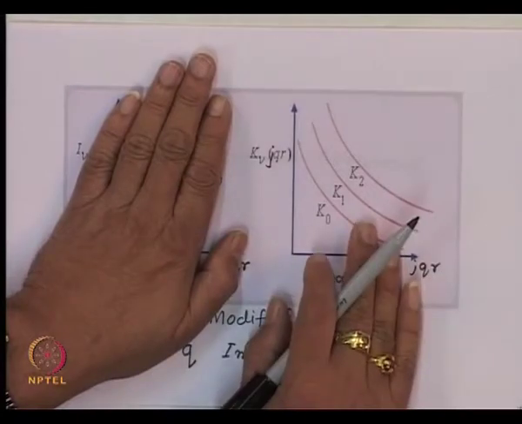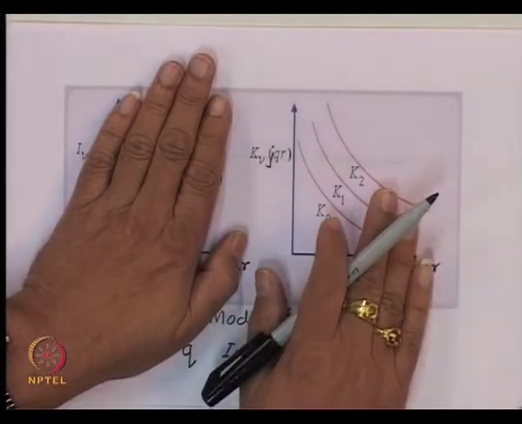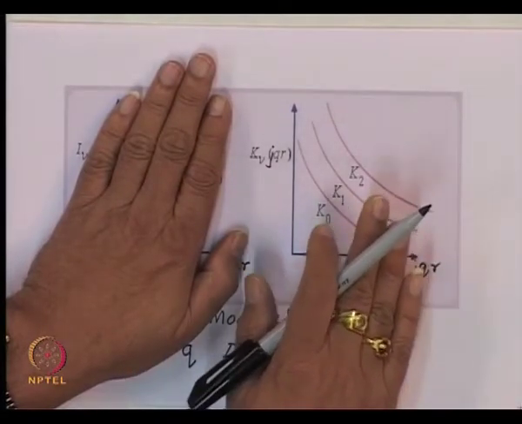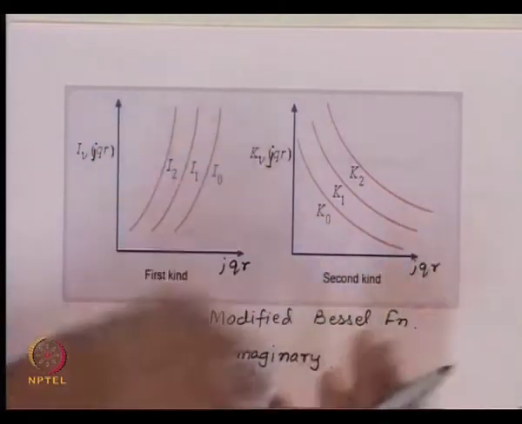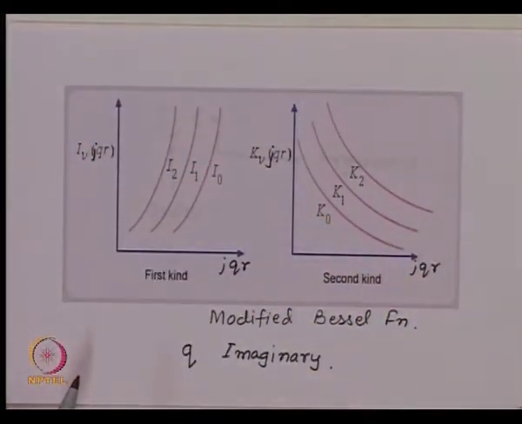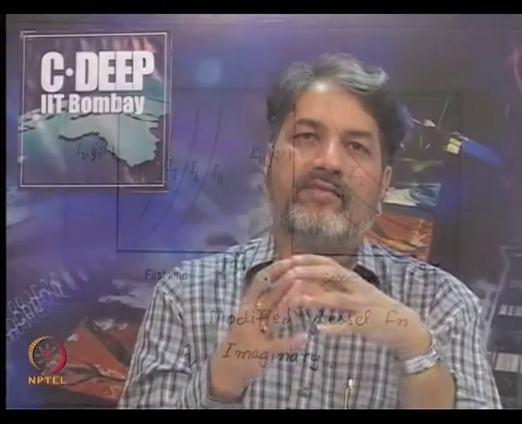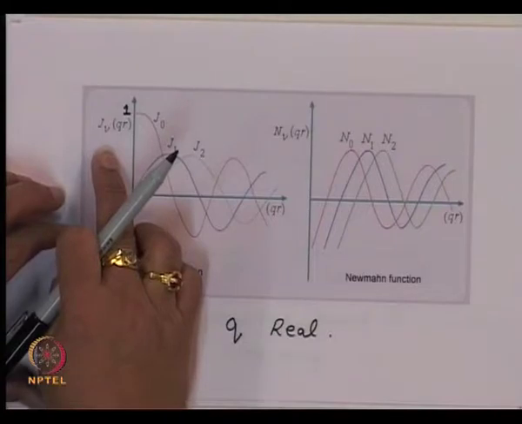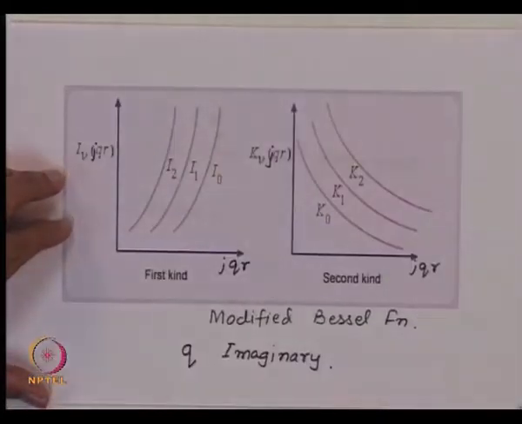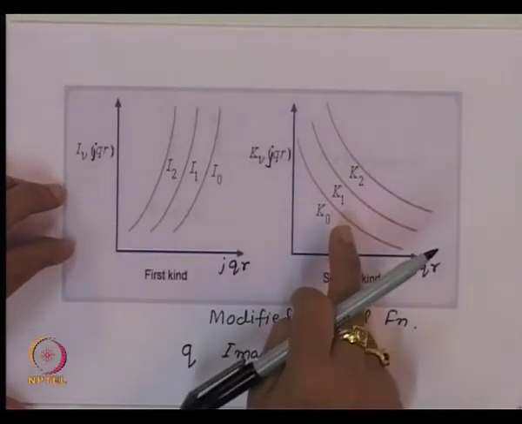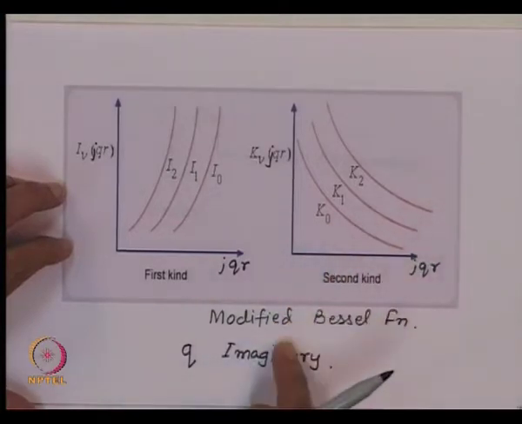Only this is the function which can represent appropriately the field variation in the cladding. So, with the physical understanding which you have developed from the ray model, we can say that inside a core, the fields are given by J Bessel function. Inside the cladding, the fields are given by K modified Bessel function.